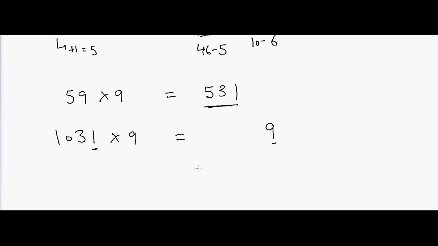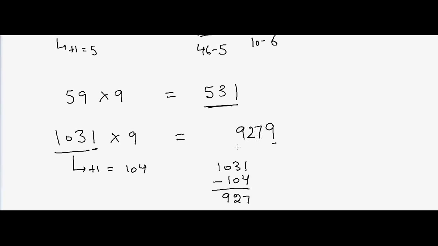So 103 plus 1, I add 1 into it. That will be 104. And then I have to subtract 1031 minus 104. This could be a little tricky for some people, but if you look, it's not that hard. It's 927. So the answer will be equal to 9279.